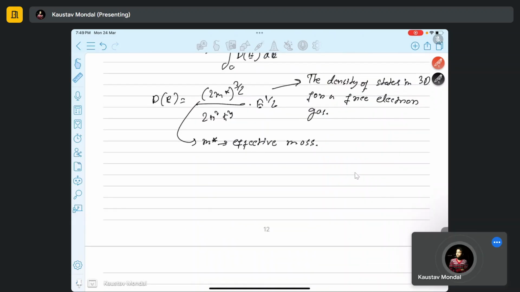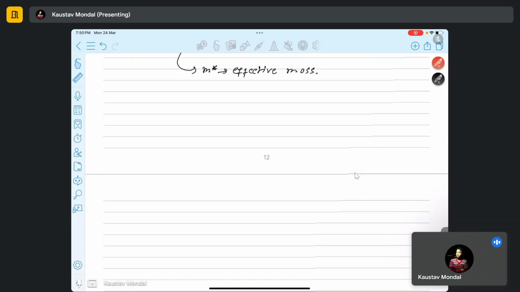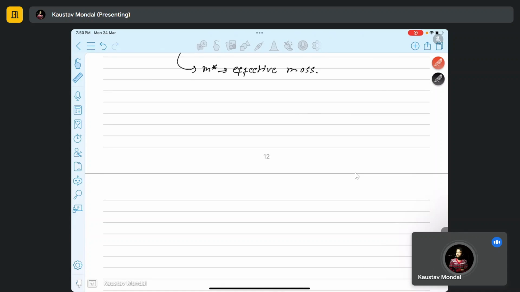So D is this. If you calculate the total number density, that is basically N. N is simply the integral from 0 to EF of (2m*)^(3/2) / (2π² ħ³) times E^(1/2) dE.